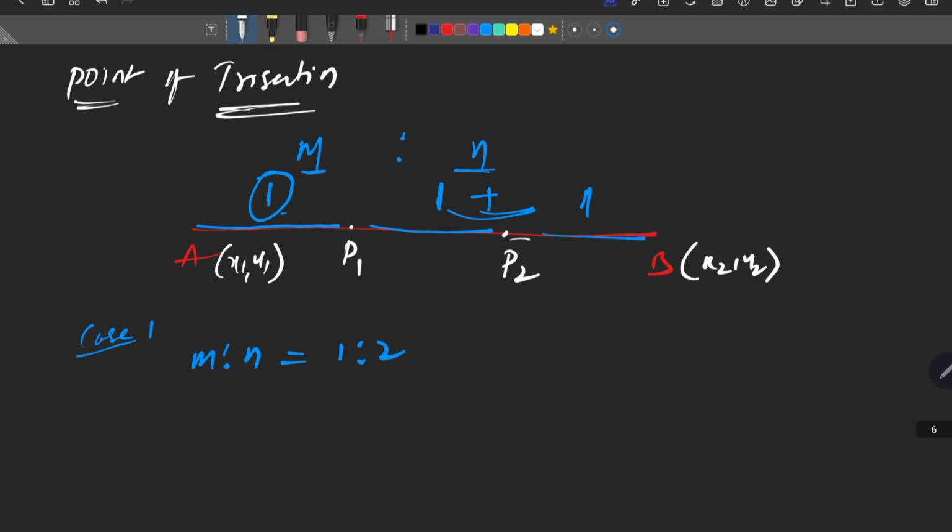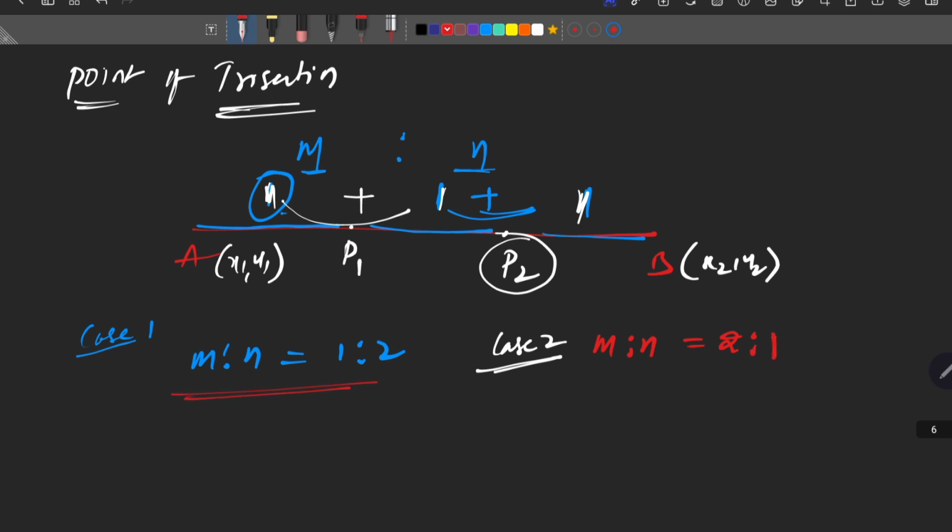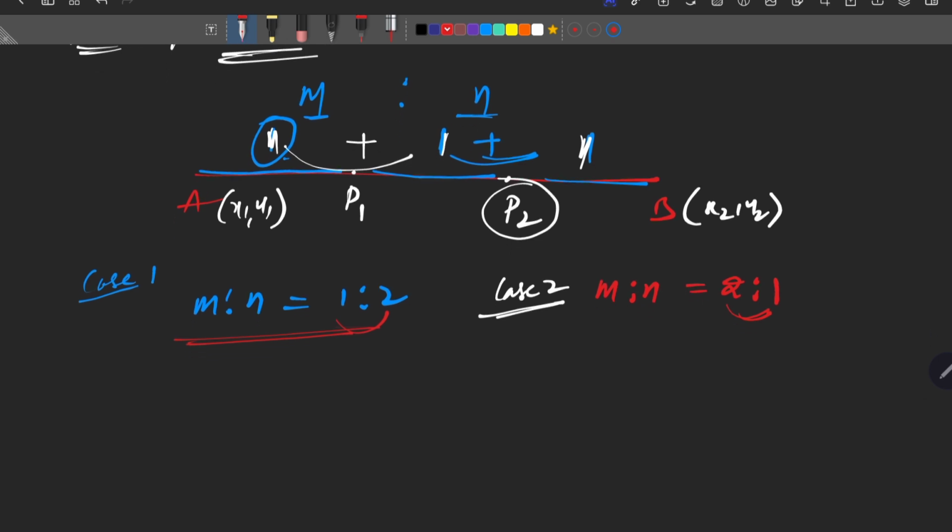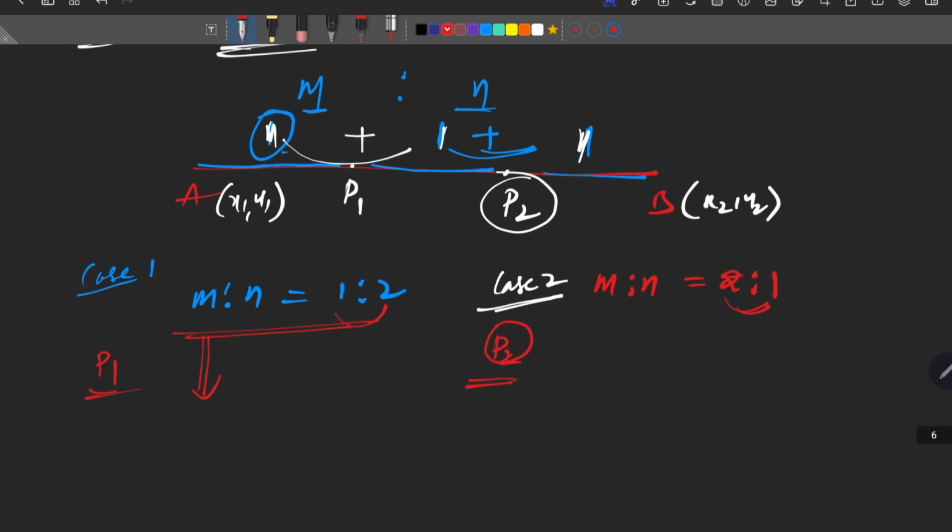For P2, here is 1, here is 1, and these two added make two parts, with one part on the other side. So in case 2, the m is to n ratio is 2 is to 1. Case 1 uses 1 is to 2, case 2 uses 2 is to 1, with the same section formula, and you will get two different points, P1 and P2. These two points are called points of trisection.